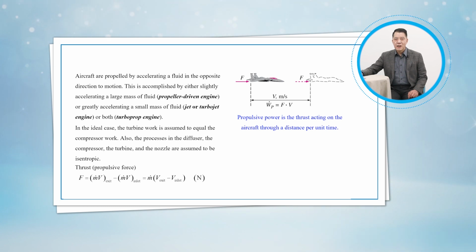However, the air-fuel mass ratio used in jet propulsion engines is usually very high, making this difference very small. Thus, the mass flow rate in the equation is taken as the mass flow rate of air through the engine.